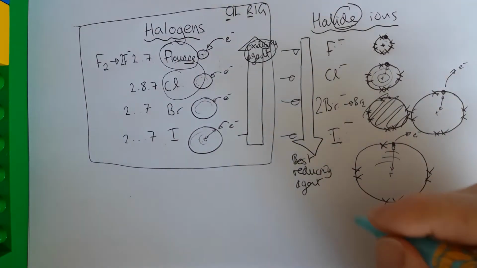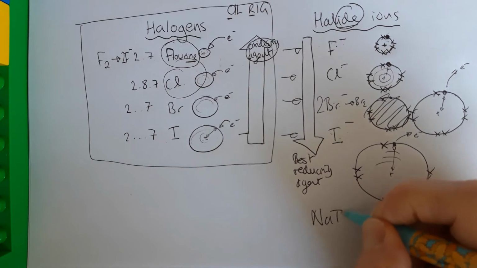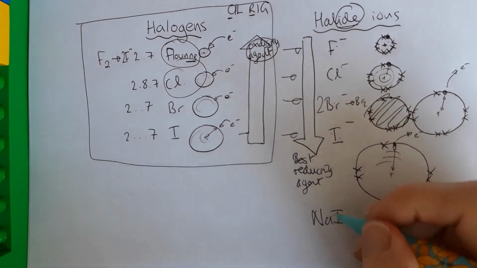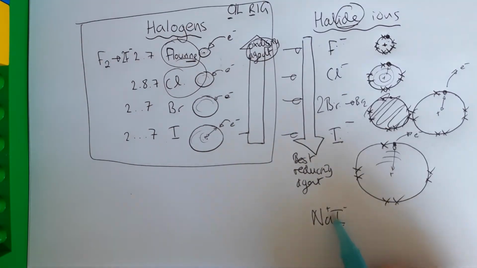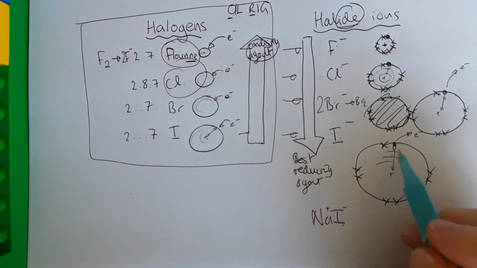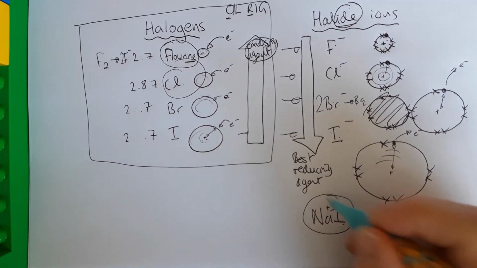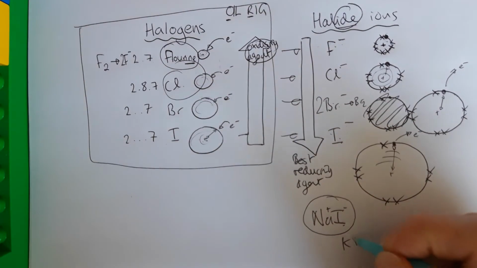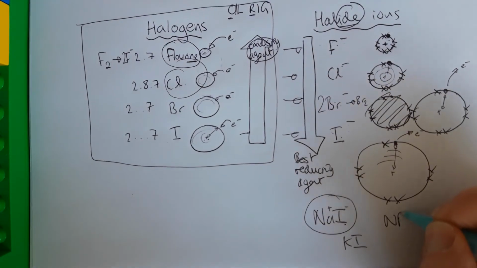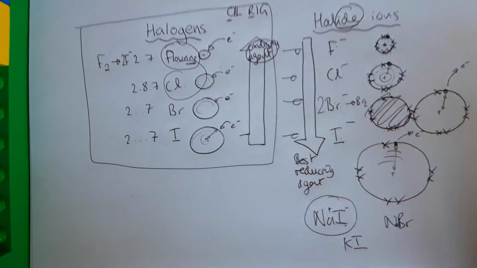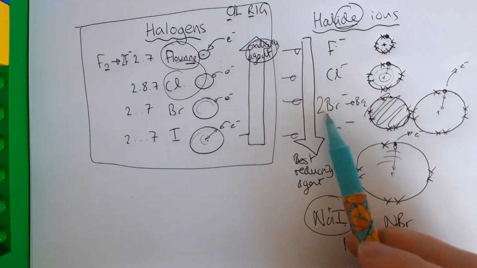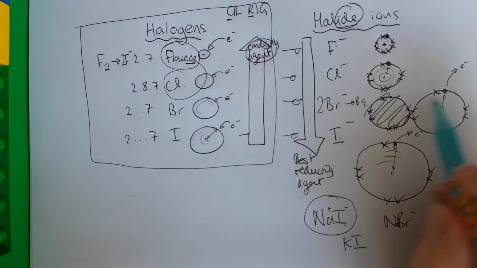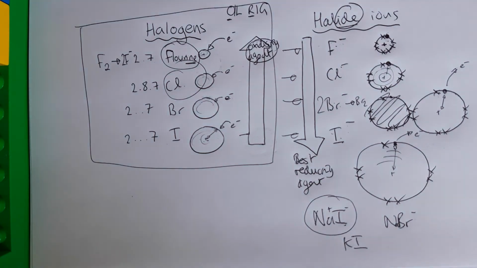So I can't just get iodide ions on their own, but maybe I'd get some NaI, some sodium iodide. The iodide ions in here are very good at losing their electrons. Sodium iodide is an excellent reducing agent, as is potassium iodide. Sodium bromide, NaBr, is a good reducing agent because it's got Br minuses, which are good at releasing their electrons.